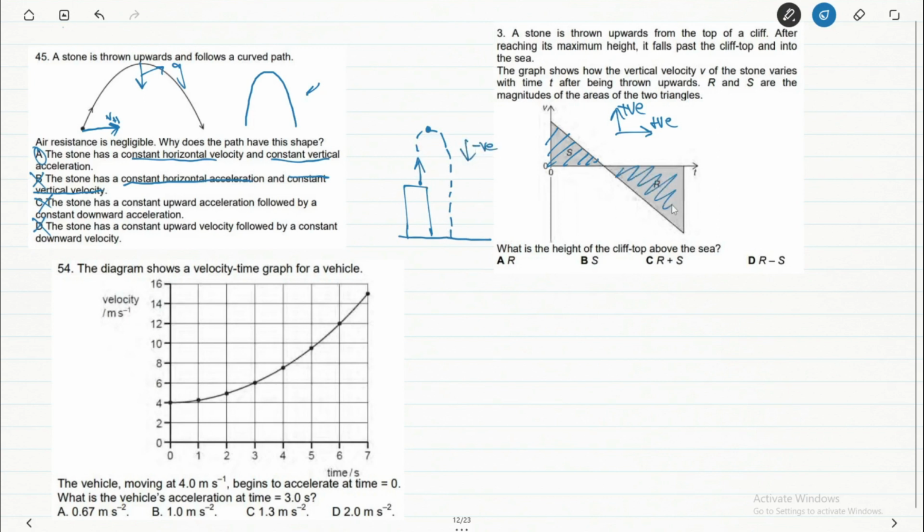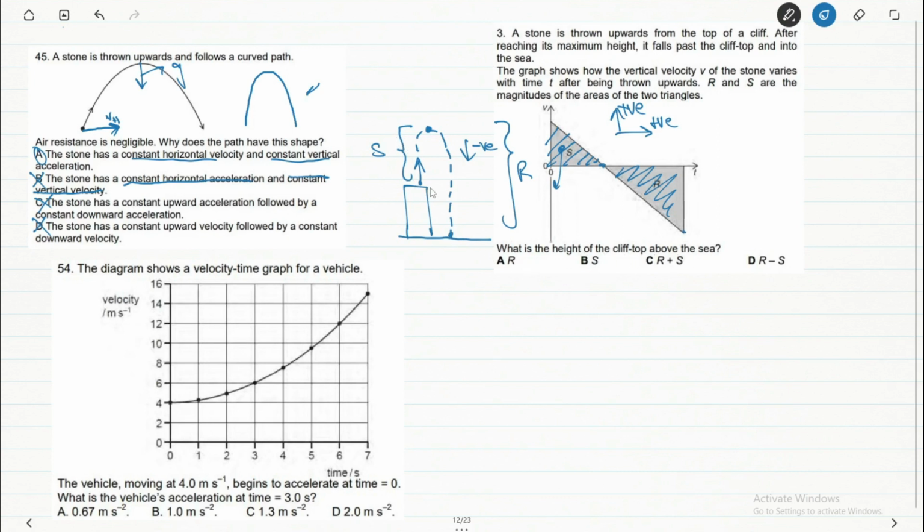So this area is basically this length S, this displacement, and R is basically this, because R tells us it goes from this 0 to this when it reaches the ocean. So what is the height of the cliff top above the sea?